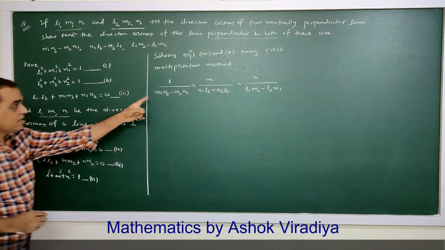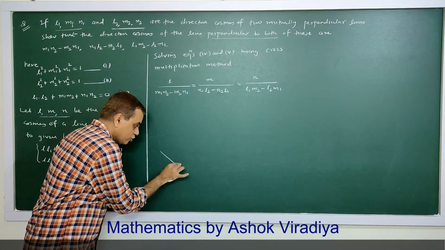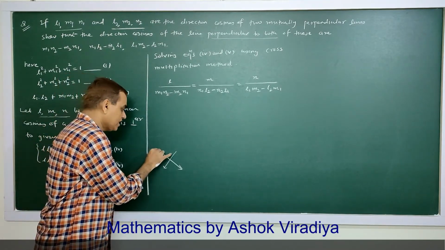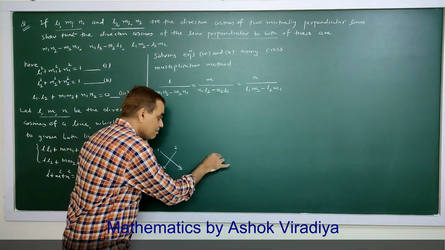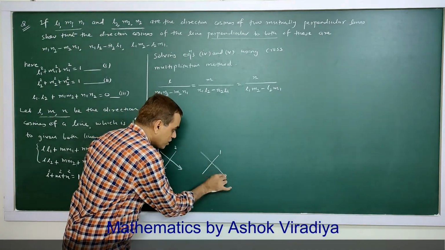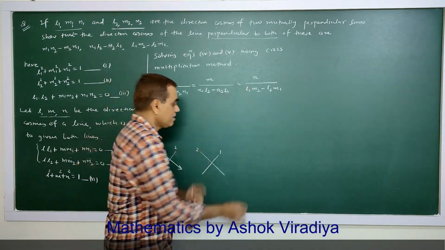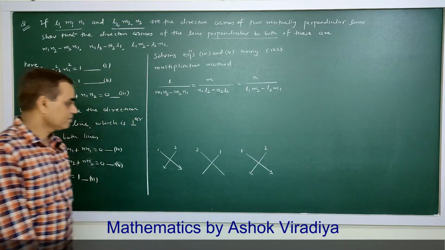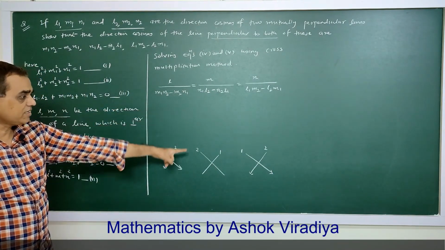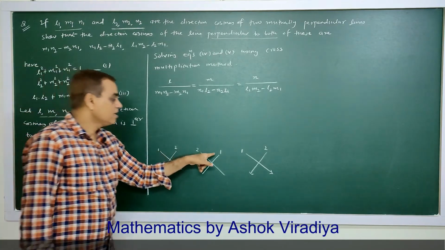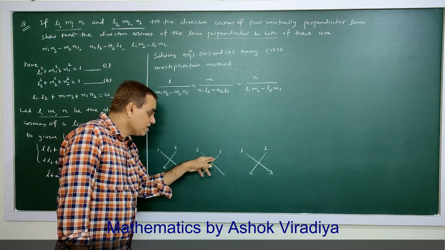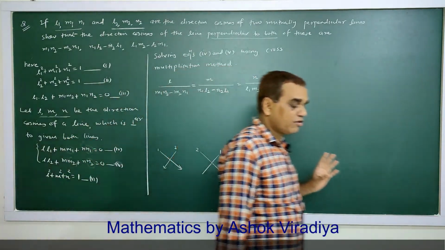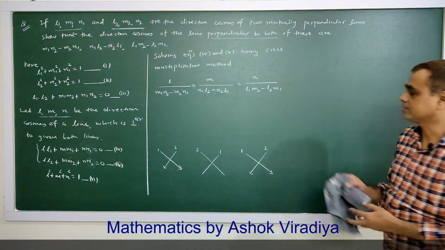Here we have taken product of these two numbers minus product of these two numbers, then again product of these two numbers minus product of these two numbers. In the middle denominator we take the product of these two numbers, change direction, minus the product of these two numbers. So this we perform in cross multiplication.